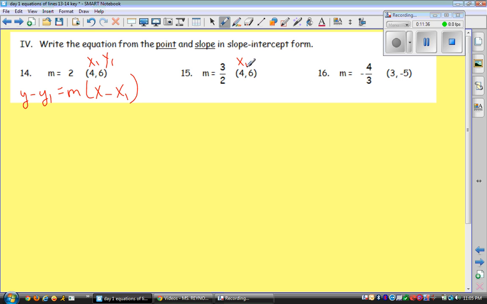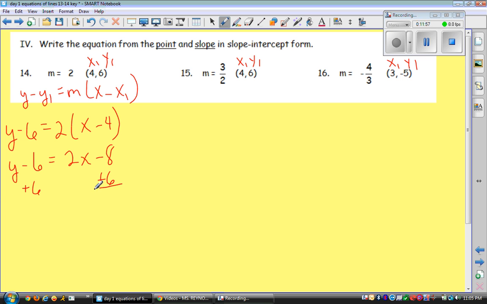I'm going to go ahead and label all my x1, y1. And then I'm just going to plug and chug. So y minus 6 is 2 times x minus 4. So then just doing the algebra, y minus 6 is 2x minus 8. I'm going to add this 6 to both sides. So I get y equals 2x minus 2.